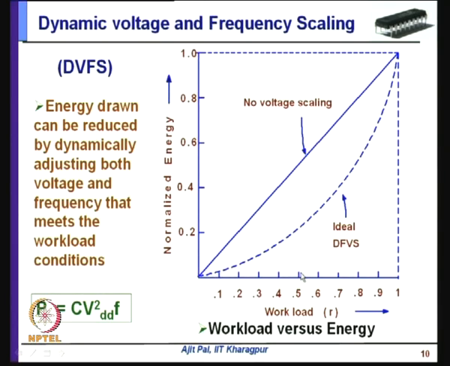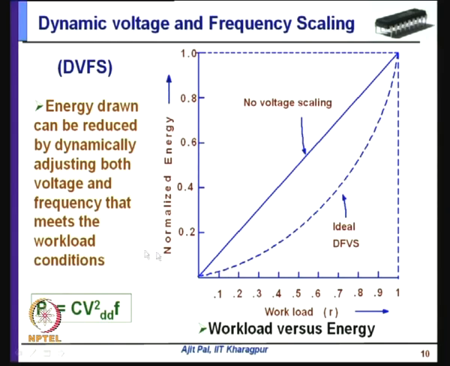However, whenever we go for reduction of voltage and frequency both, then this will be the ideal dynamic voltage and frequency scaling curve, and as you can see, there is significant reduction compared to no voltage scaling. That means only frequency is reduced for different workload in one case, but here both voltage and frequency are reduced, leading to significant reduction in power dissipation.